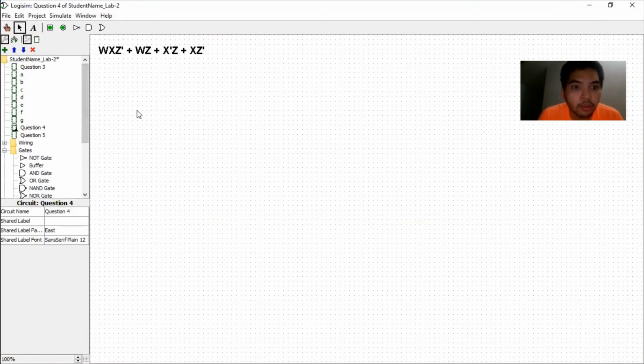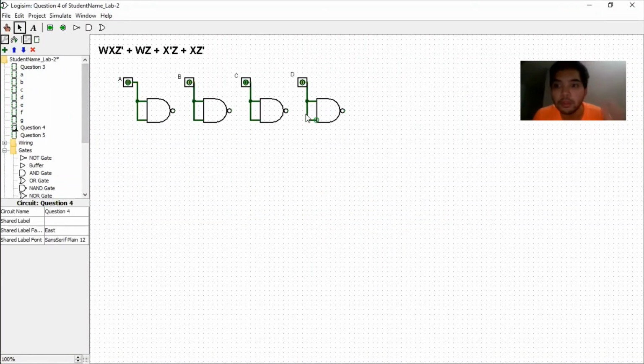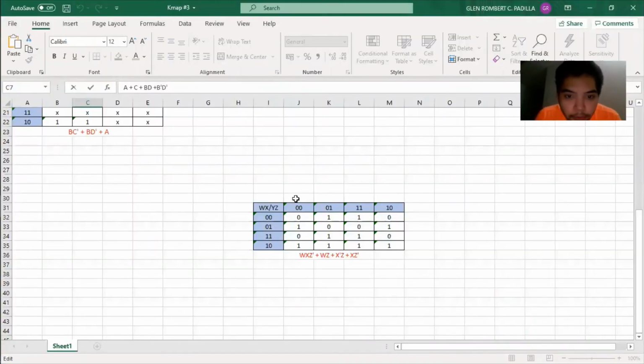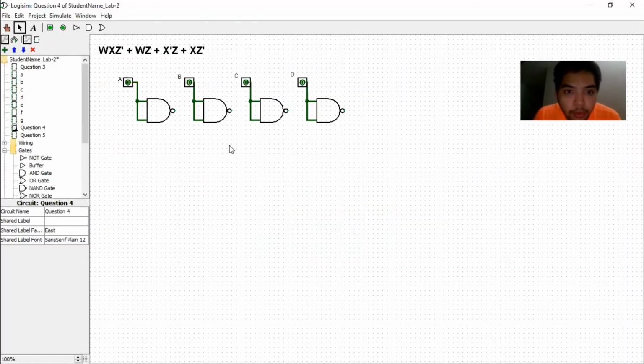Then again for our input, we put NAND gates so we can have inverters. We're now going to construct the gates, and again we're going to use the universal gates.